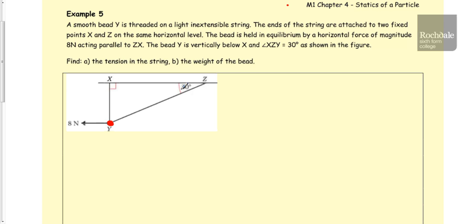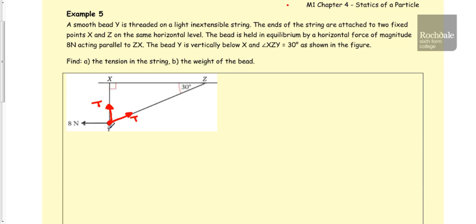So we've got to label all the forces on the diagram to start off with. So remember, the tension is the same throughout the string. So there'll be a tension holding the bead up in that direction, and there'll be a tension wanting to make it move over to the right hand side on that side of the bead. So it's smoothly threaded onto this string, meaning the tension's the same on both sides.